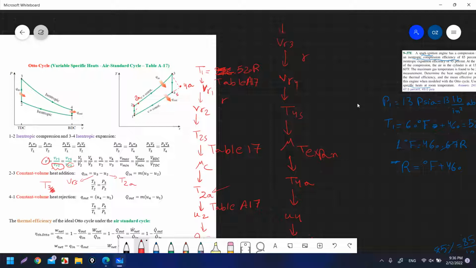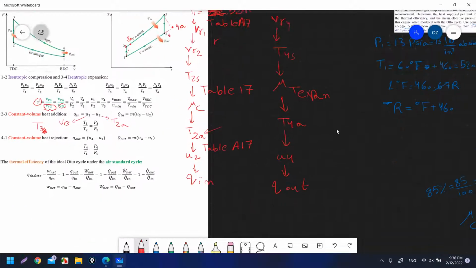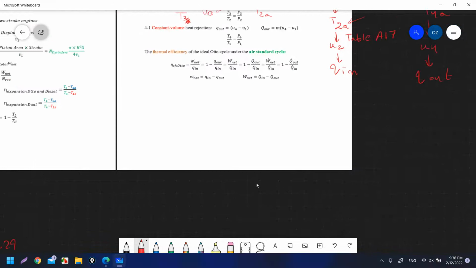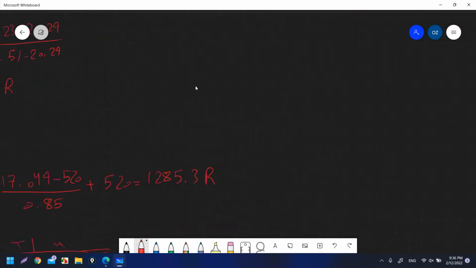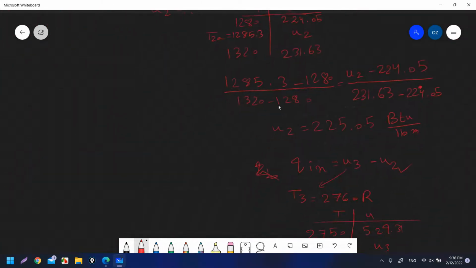I have T3, so I will use T3 to find VR3. Then I can find VR4 using R, and from VR4 I will use table A17 to find T4S, and from T4S I will go to the isentropic expansion efficiency, and then I can find T4A, and we will go again to table A17 using T4A and find U4, and finally I can get Q out. So the same procedure again, but for state 4.